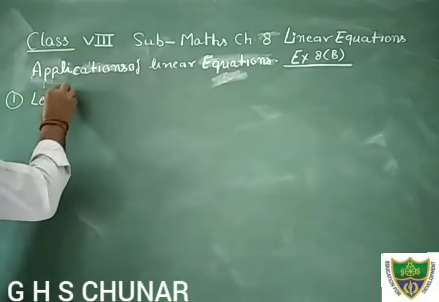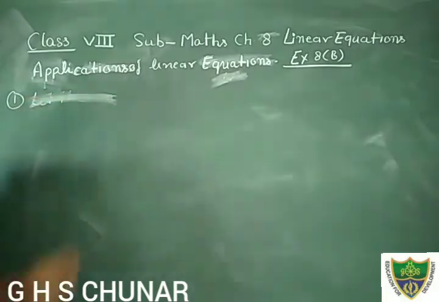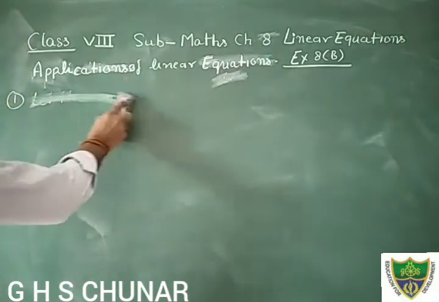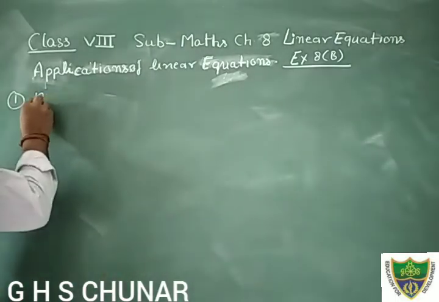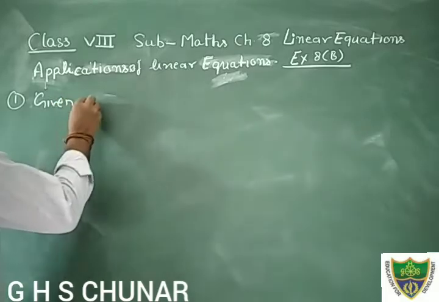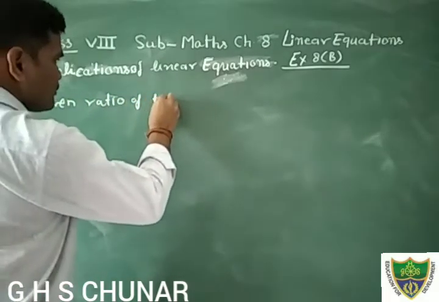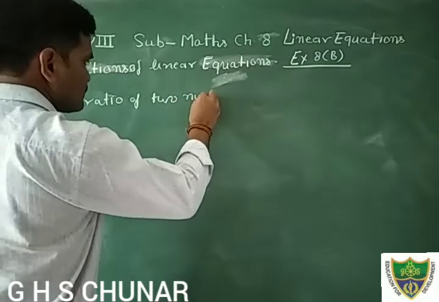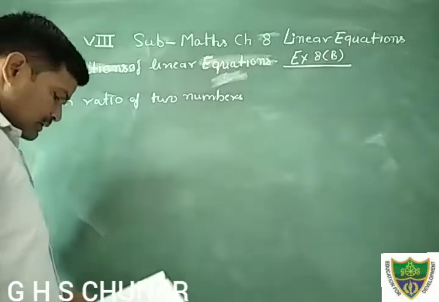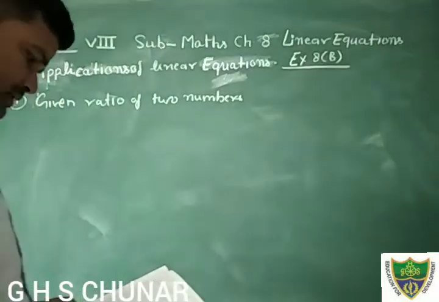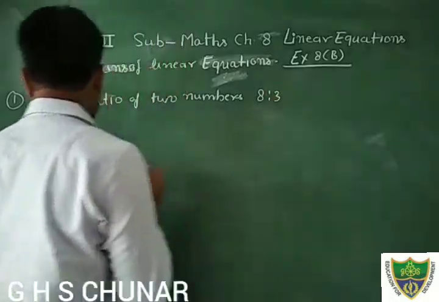First, write the given: the ratio of the two numbers is 8:3.